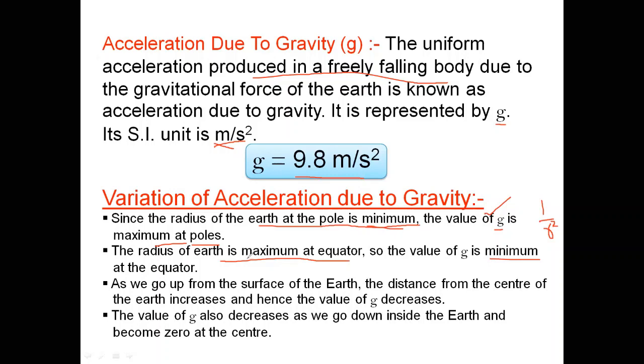Radius of earth is maximum at equator, so the value of g will be minimum at equator.